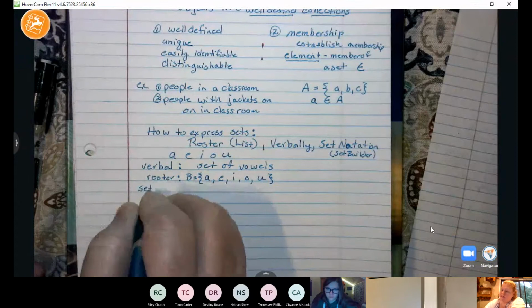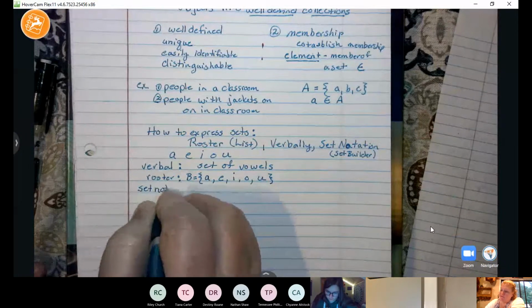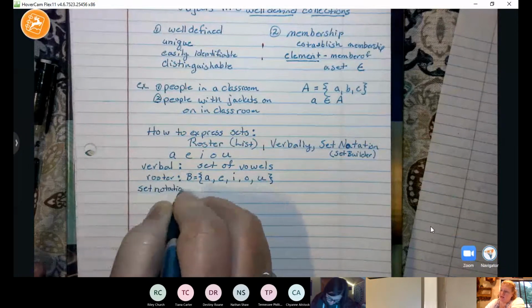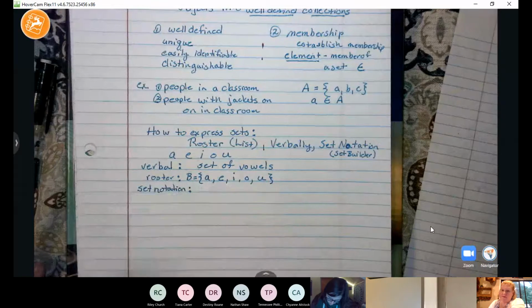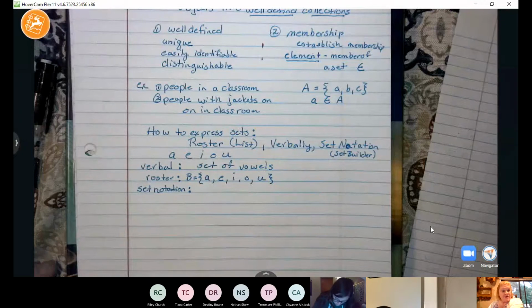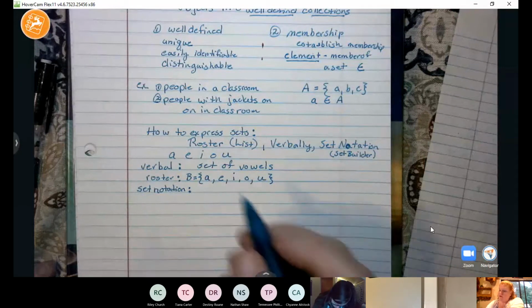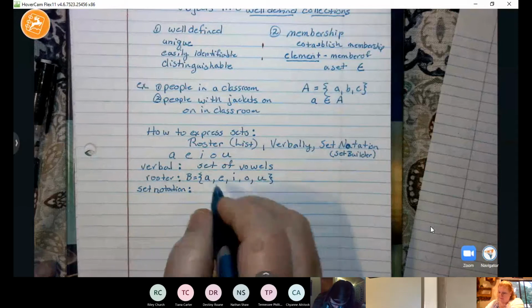And then let's look at an example of set notation. How do we do set notation? There's a couple of variations that you could do when you're using set notation. You could use the name of the set.